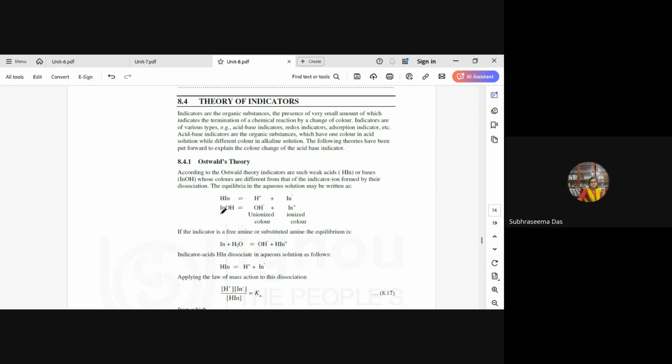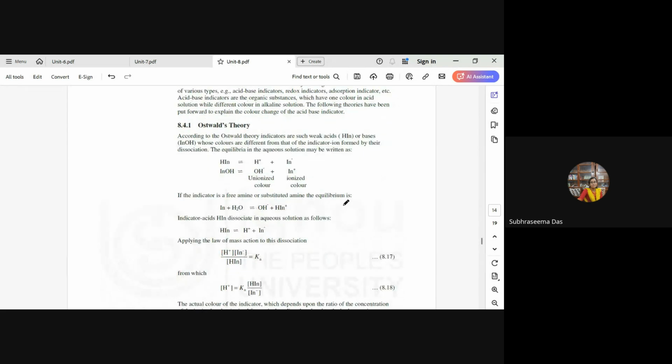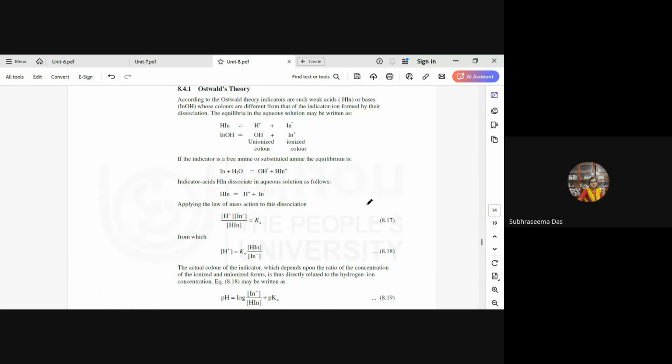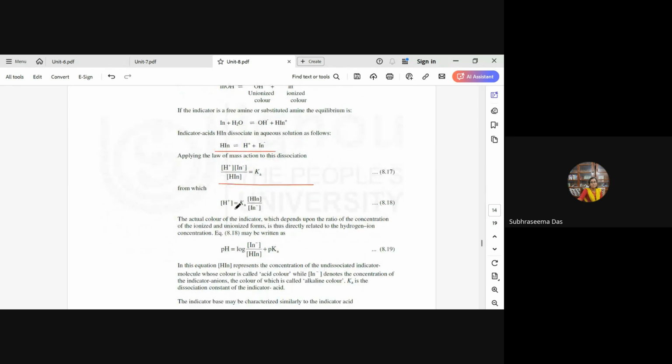If the indicator is a free amine or a substituted amine, then the equilibrium might be written as In plus H2O forming OH- plus HIn+, and they can be dissociated in aqueous solution as this. Now when we apply the law of mass action, Ka is given to be this, from where we find H+ as this in equation 8.18.